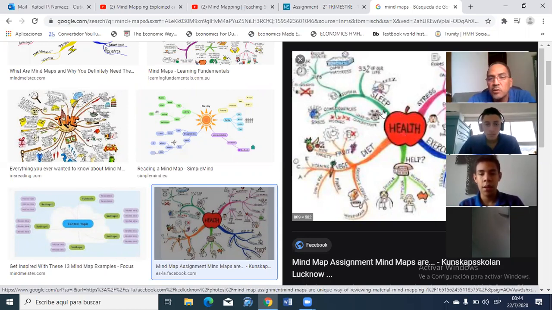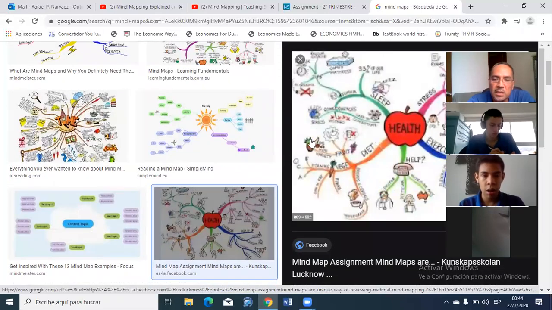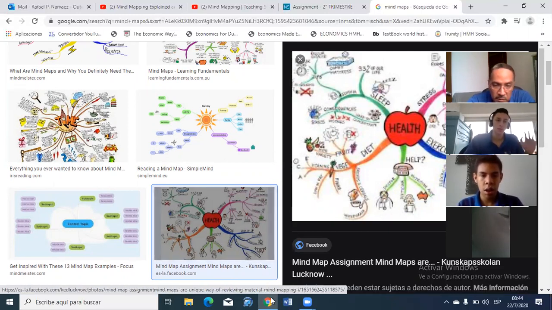Or maybe you want to create traditional economy, so that way we could make the difference between traditional, command, and market economy. That's up to you, that's your creativity. The thing is that you need to have the main ideas in this mind map, guys. Remember, as you see, they use colors, different sizes of letters, and also some pictures. The same thing you have to do over here with your assignment.